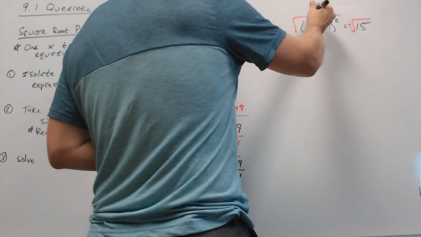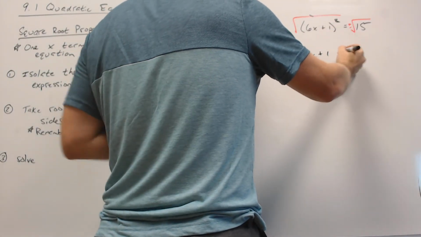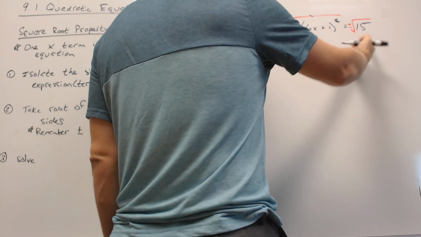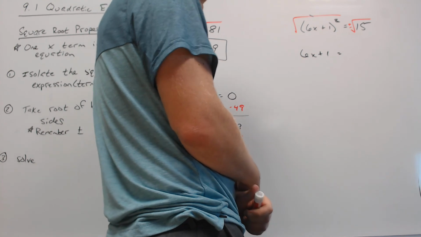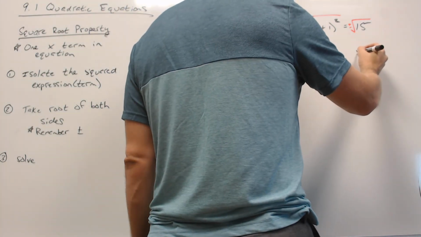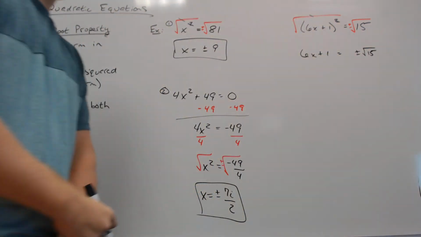The root will cancel out the square. So we have 6x plus 1 equals, in this case, 15 doesn't have a nice square root. We can't even reduce it. So in some cases, if that's the case, we'll just leave it as plus or minus root 15.